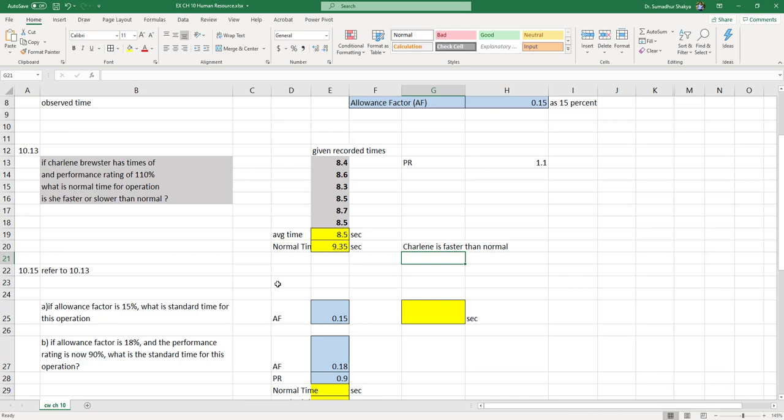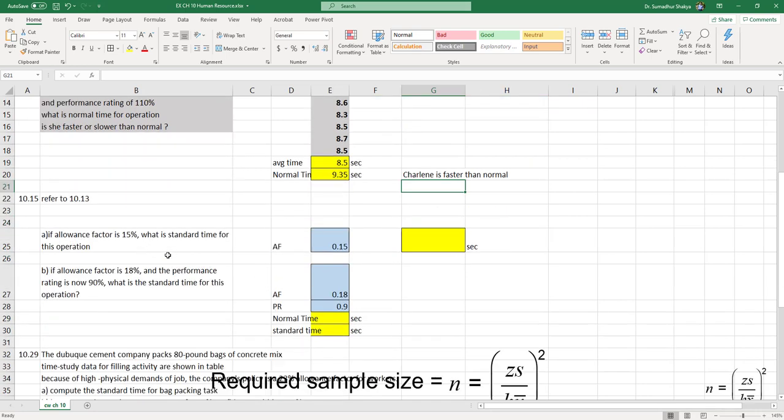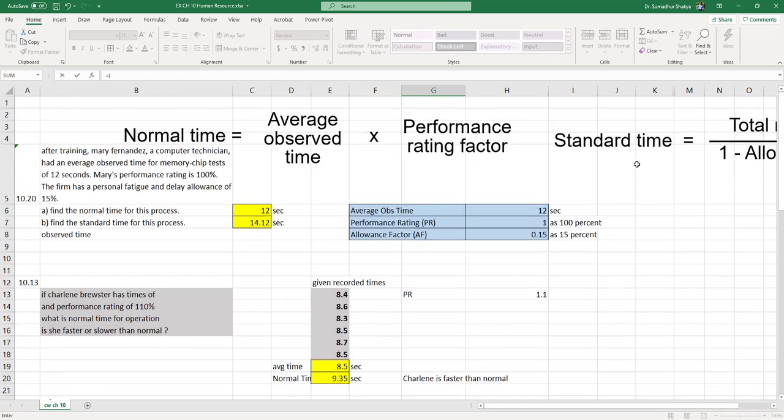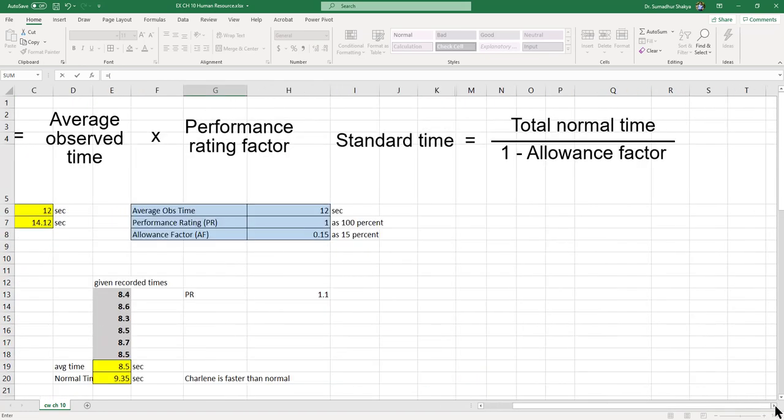Now, in the next set of questions, we are given the allowance factor as 15%. This is in continuation to the previous question. We've been told the allowance factor is this. Then what's the standard time? Well, the standard time is given to us as, you remember, normal time divided by 1 minus allowance factor, over here on the right side.